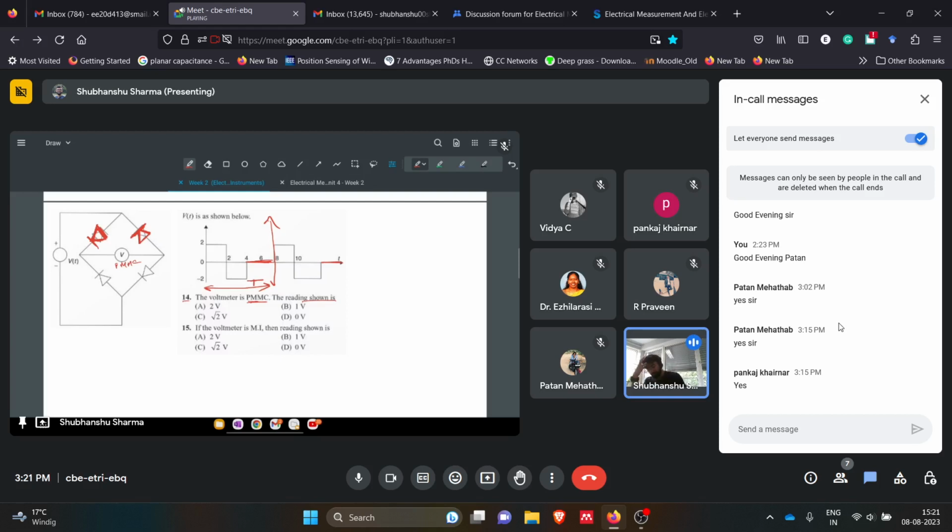So if PMMC is there, it will be calculating the average value of the signal. So you just have to calculate the average value of this, and if this is MI, then you have to calculate the RMS value.